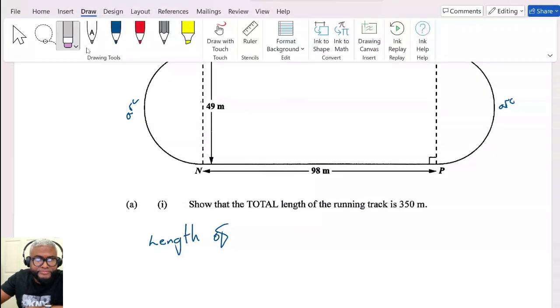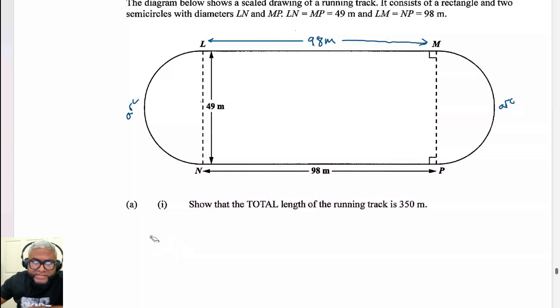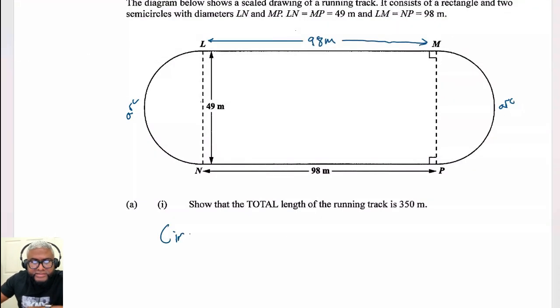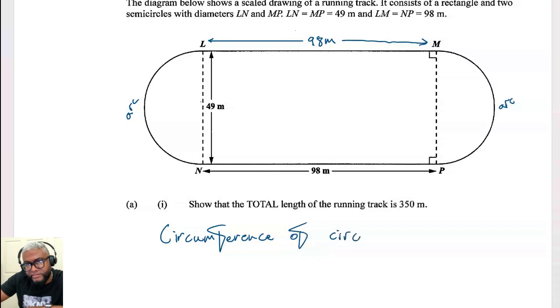So I just want to find the circumference of the circle, which will be the two semicircles coming together. And that will simply be 2 pi r, or diameter times pi. It's the same thing.